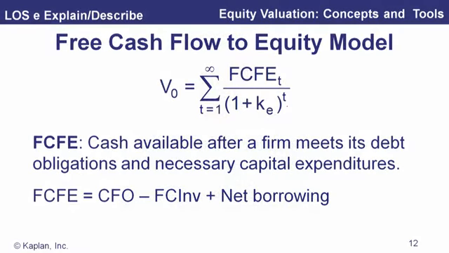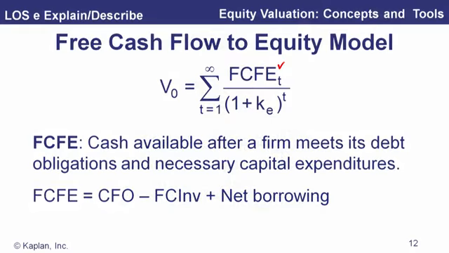With the free cash flow to equity model, we're just putting the free cash flow each period in place of the dividend. Remember, I said free cash flow to equity is our kind of estimate of what the firm could pay as dividends if they were paying dividends.